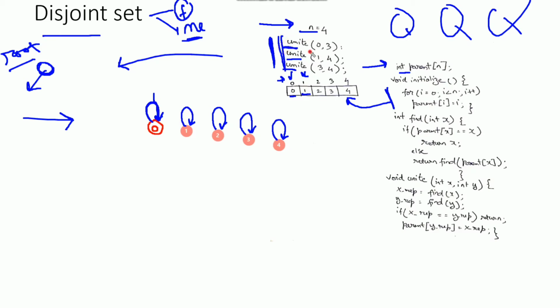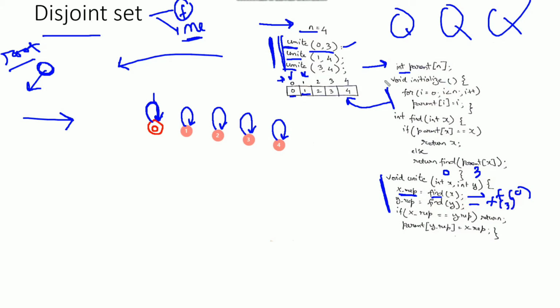Unite 0 comma 3. This will call the unite function with x as 0 and y as 3. Now, to find the representative of the data, I'll call the find function: find of 0 and find of 3.